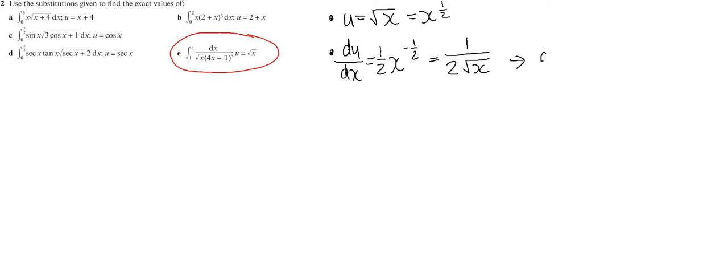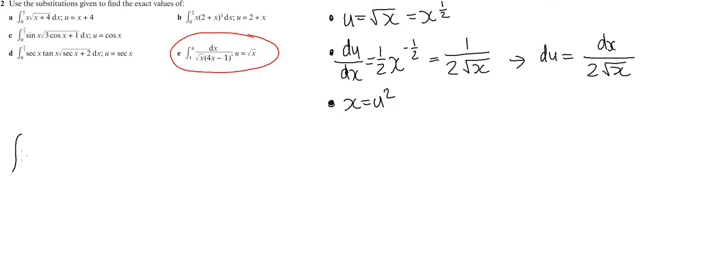We want to have du, so we'll replace it. So du is equal to dx times both sides, so that's going to be dx over 2 times the square root of x. Now we have to write x in terms of u. u is the square root of x, so x is u squared. So now we have both components.